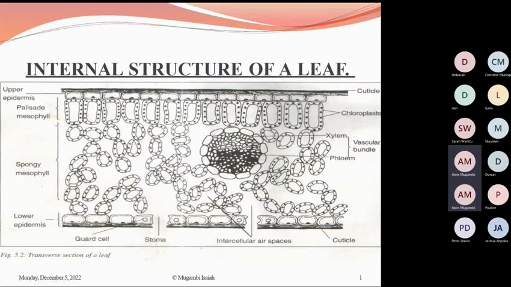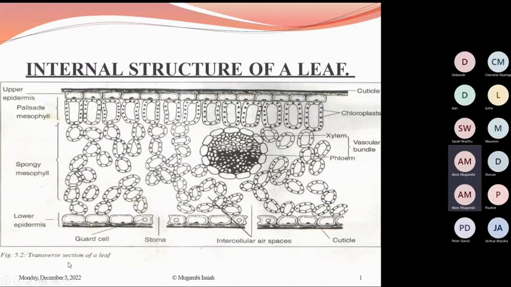This is where most of photosynthesis takes place, because there are many chloroplasts usually found in this region. Then we have the spongy mesophyll, where we have the vascular bundles, and it has air spaces and gaseous exchange takes place.